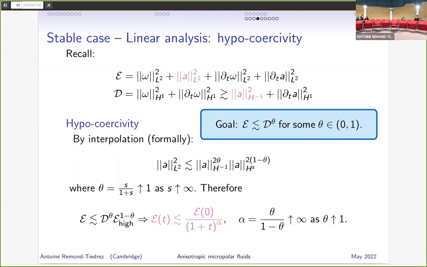And the point is that as S increases, theta gets closer and closer to 1, and so alpha gets larger and larger. So as you have more and more regularity, you decay faster and faster. This is why you don't get exponential decay, and this is why you get algebraic decay that improves with the regularity from interpolation.